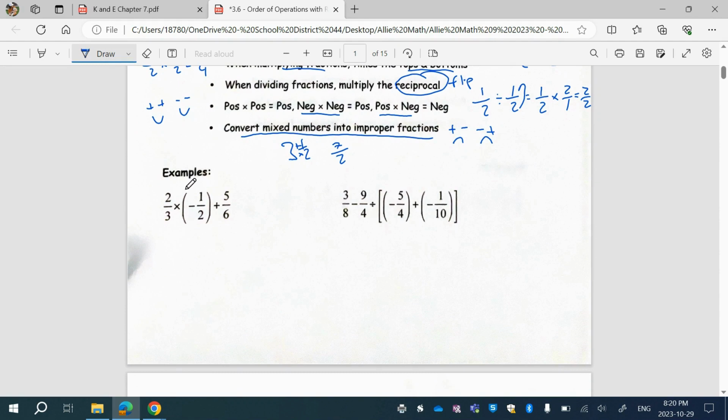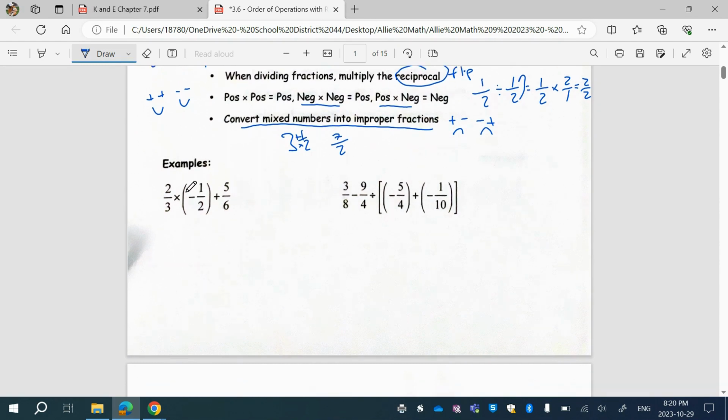And these questions can seem intimidating, and I just recommend taking an extra breath before you start. So don't freak out. There's sometimes a lot of steps, but if you go at it methodically and do it bit by bit, you will get through it. And I recommend using as much space as you can to do each of the steps.